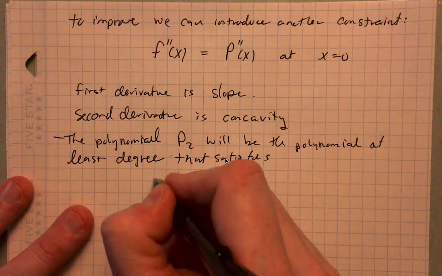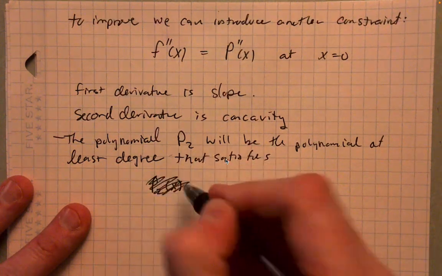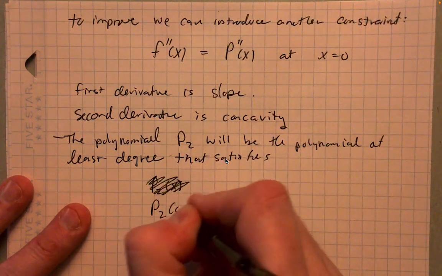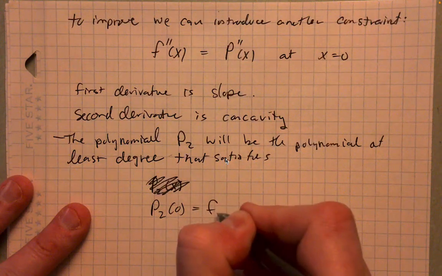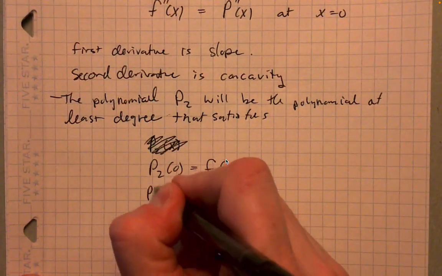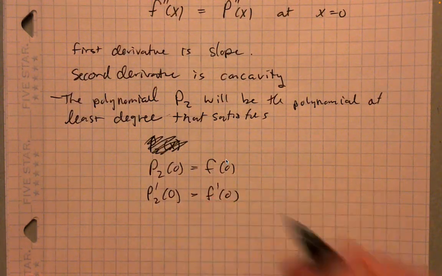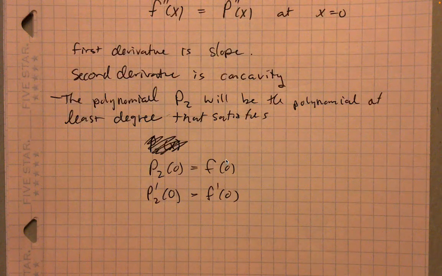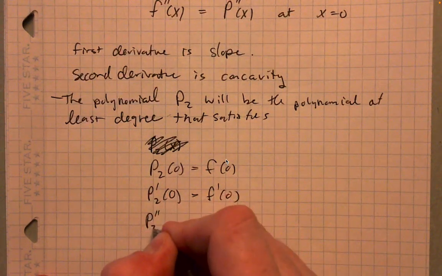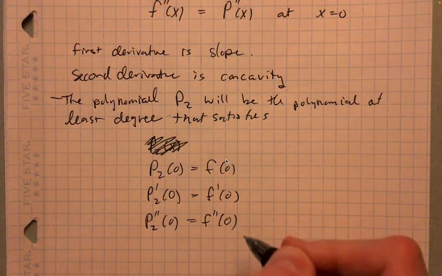Right, so we'll have to have P2 of 0 equals f of 0. We also need the first derivatives, so P2 prime of 0 equals f prime of 0. And we want now the second derivative as well. P2 double prime needs to equal the second derivative of f. Right?